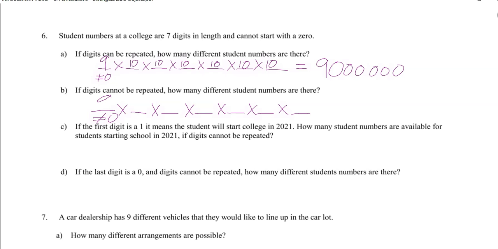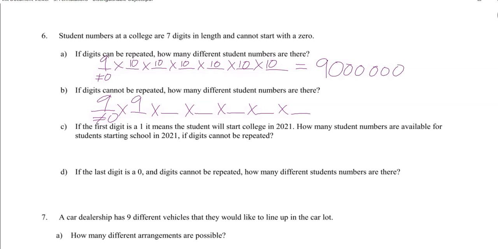How many choices for the second digit? 9. All right, so the 0, that's gone for the first digit. Let's say we choose that one, then 0 comes back in. Okay, so the 0 was out for the first digit. We had 9. We pick one of the others. Now we have 8 left, but the 0 comes back in.